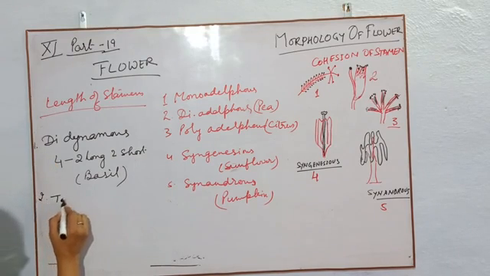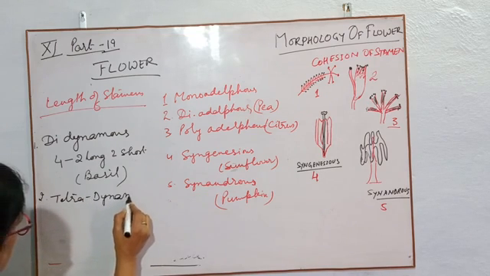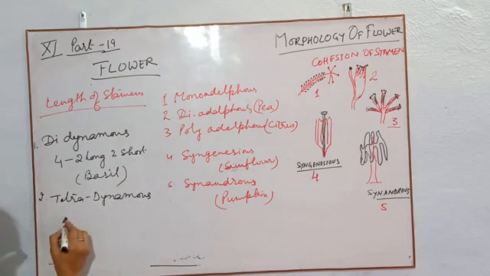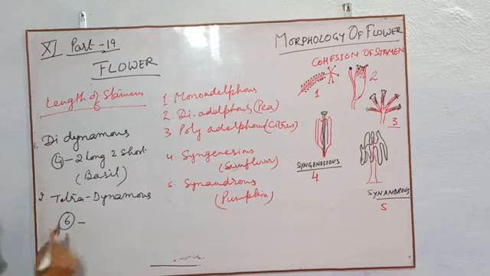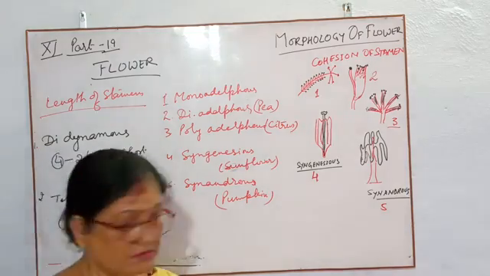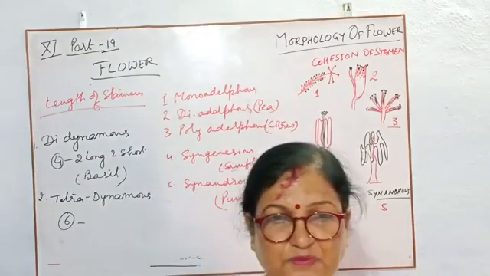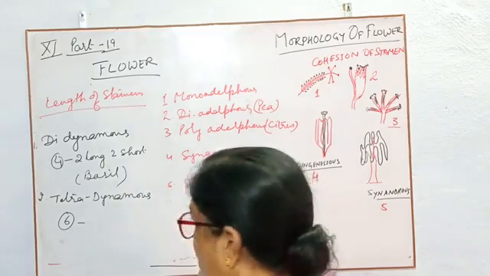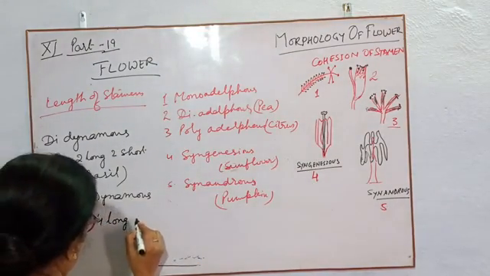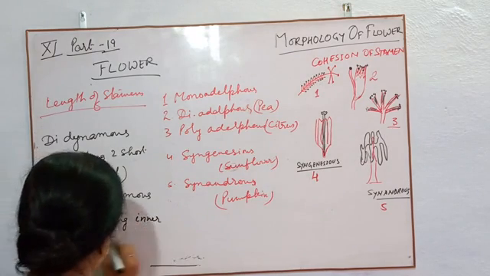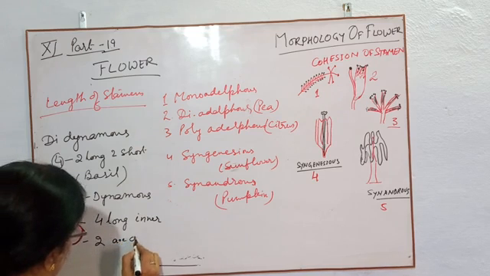Next one, tetradynamous. In tetradynamous there are 6 stamens, and as per their length, 4 will be long and on the inner side and 2 are outside.